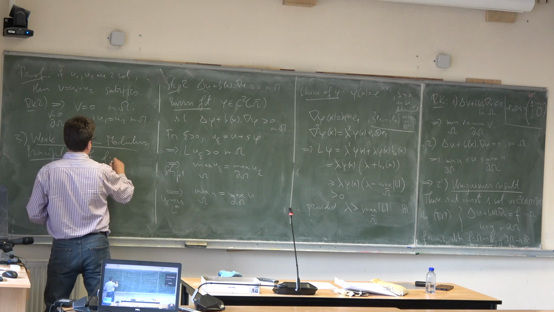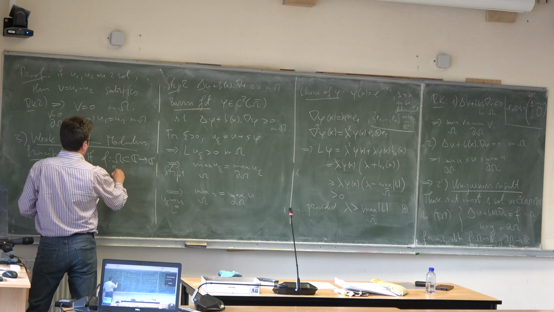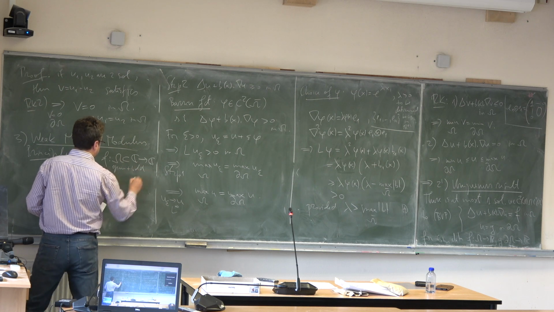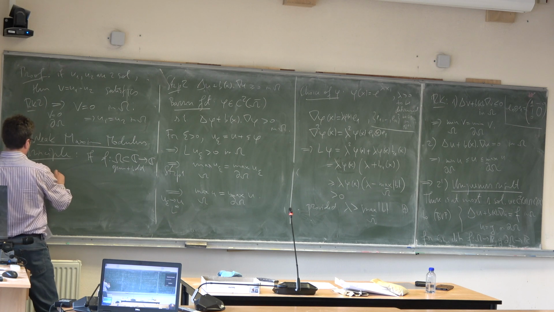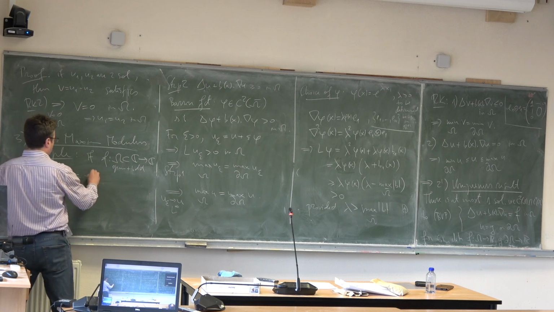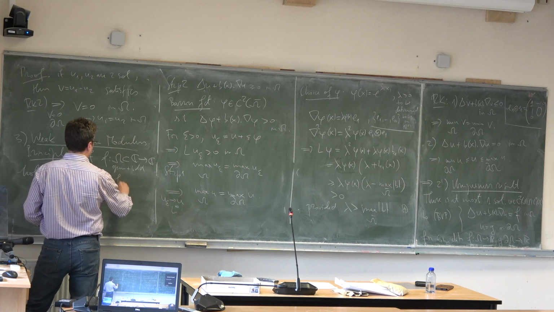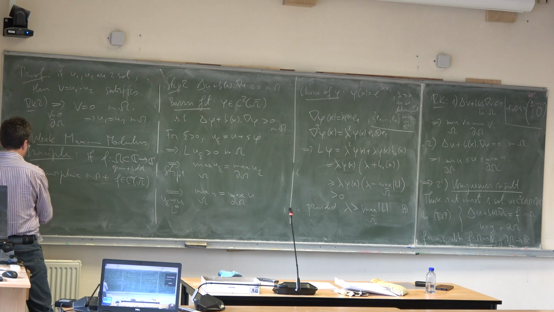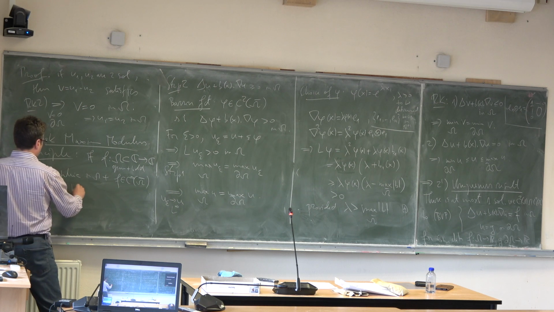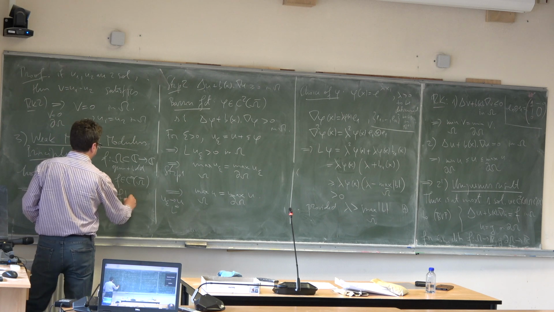So if f is defined on, let's say, an open bounded set in R2, from the complex plane, that is holomorphic in omega and continuous up to the boundary, then the maximum of the modulus is achieved again at the boundary. Okay.